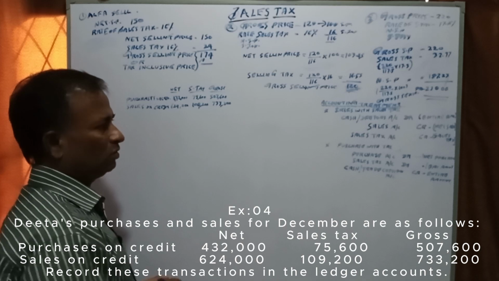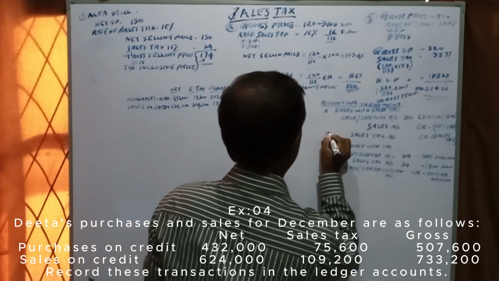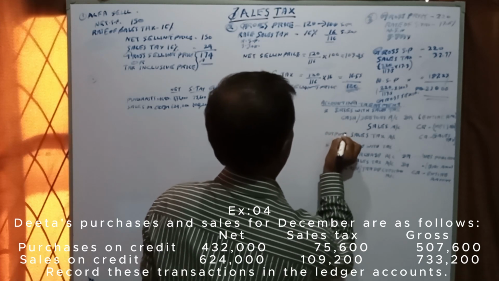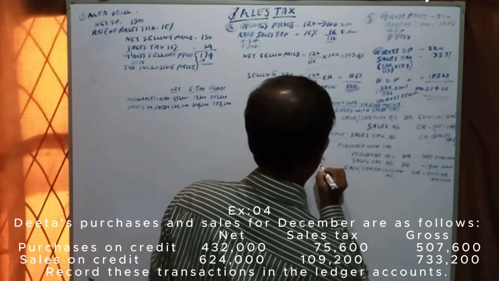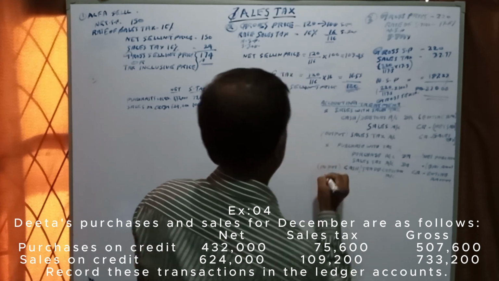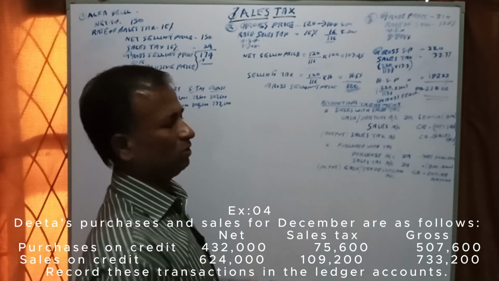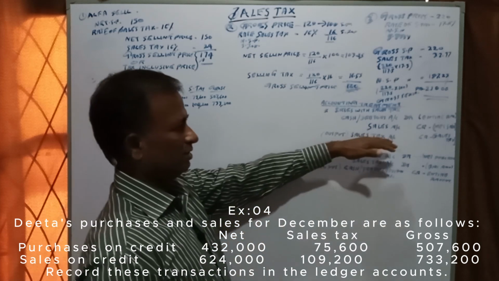We used to say output tax or input tax. This we say output tax. This we used to say input tax. This is output, because it goes with the sales, that's what we used to say sales tax output.